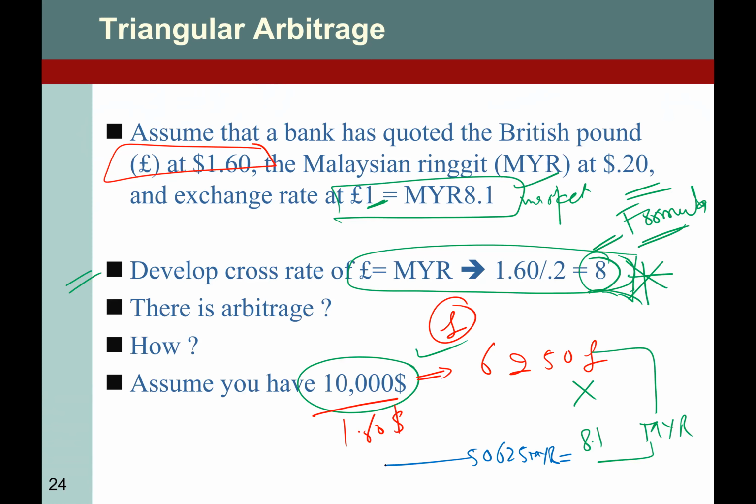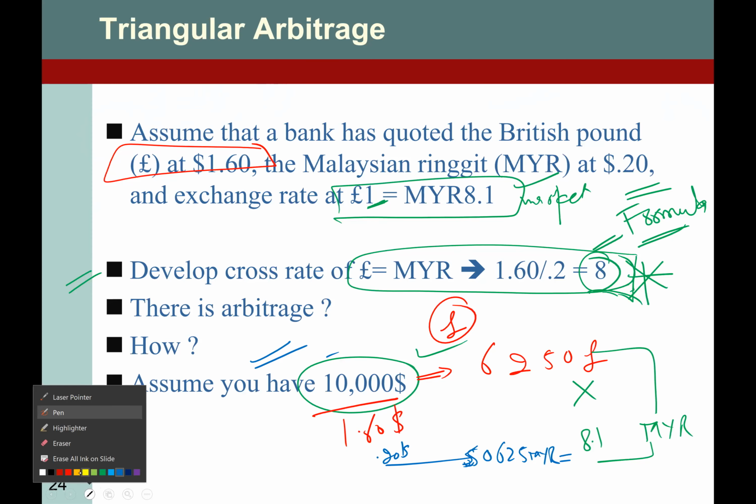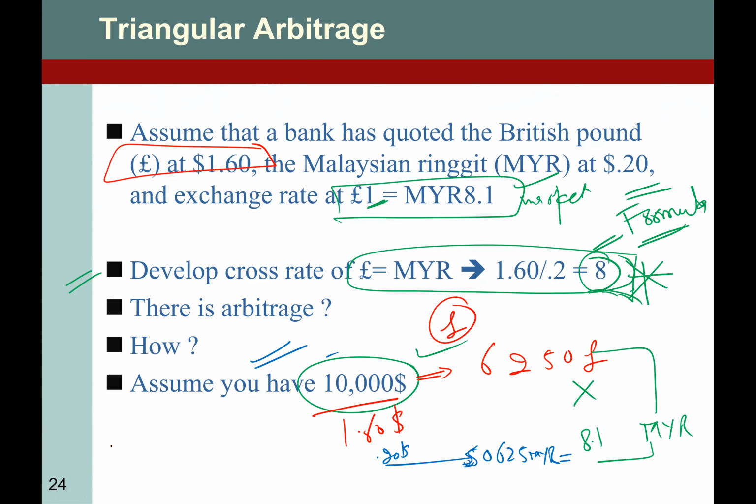Now, finally, because you invested in dollars, you need to convert your total proceeds back into dollars. The rate is $0.2. What is the answer here? Just multiply it by 0.2. $10,125.